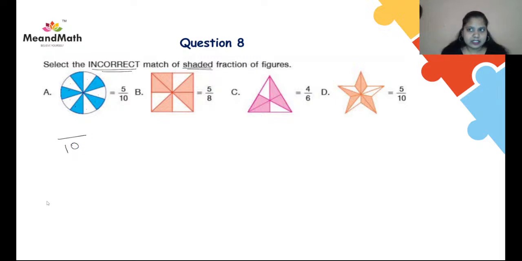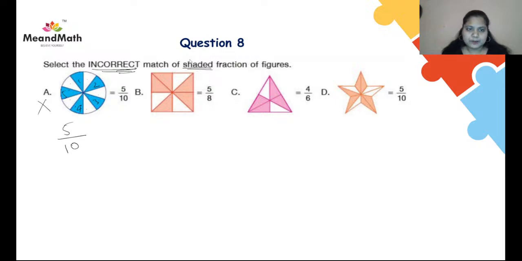And then the shaded count: 1, 2, 3, 4, 5. So we have 5 shaded parts. Now is that the correct option? Yes. But here they're asking us to find the incorrect match, so this is not the answer, right? Okay, let us move on to the next one.